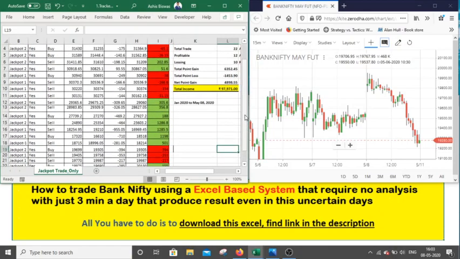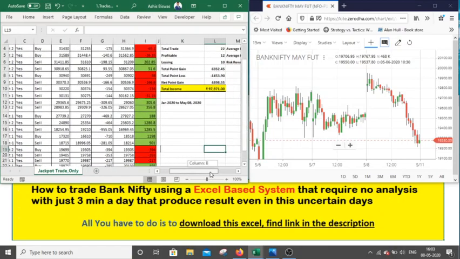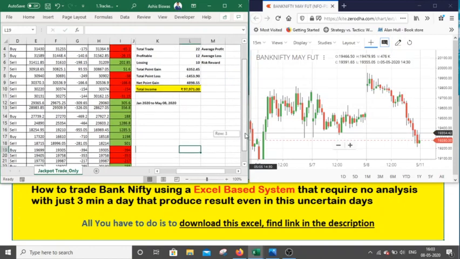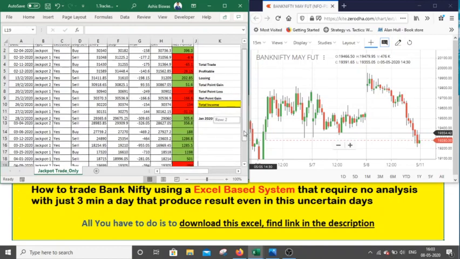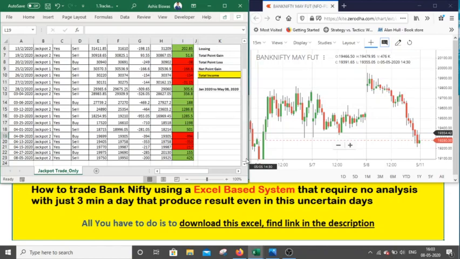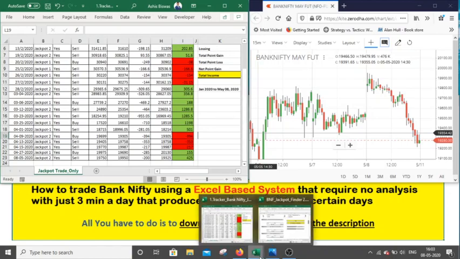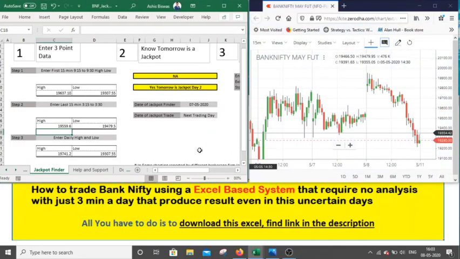And as I mentioned, almost 4,898 points have been delivered so far using this Excel sheet. Thank you so much for your time. I expect that this will be a profitable part of your trading strategy.